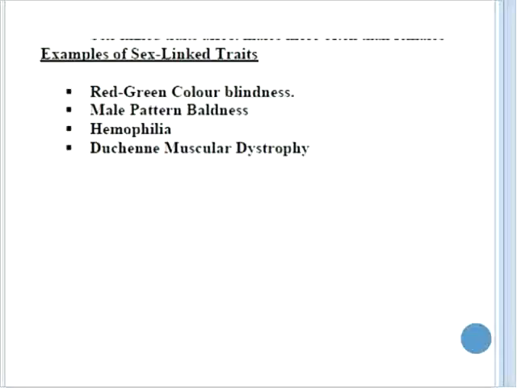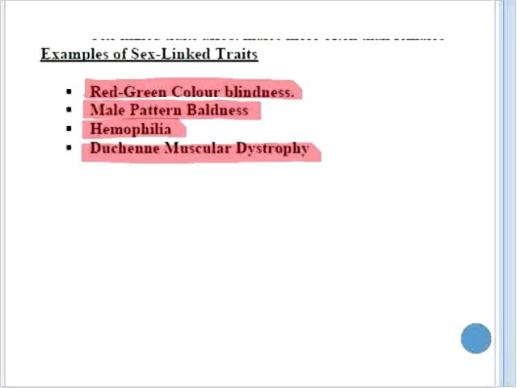Some examples of sex-linked traits in humans: red-green color blindness is sex-linked. Male pattern baldness, hemophilia, and Duchenne's muscular dystrophy are all examples of sex-linked traits that exist in humans. All of these traits are more common in males.